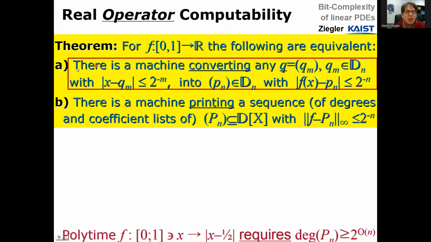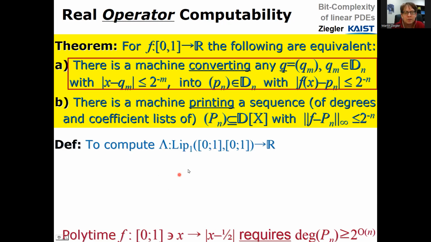This is our definition A. Real operators receive functions as input and produce functions as output. And functionals receive real functions as input and produce real numbers as output. And this is what we're heading for now. Right now, we want to define what it means to compute a real functional.